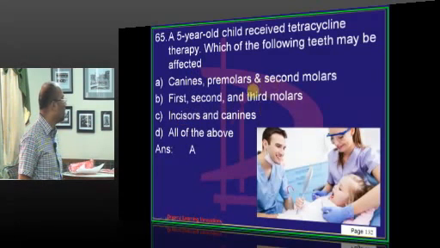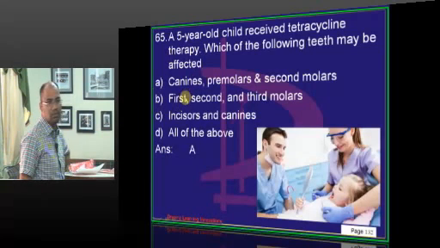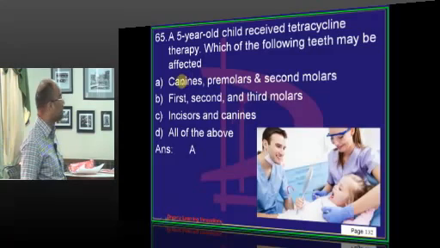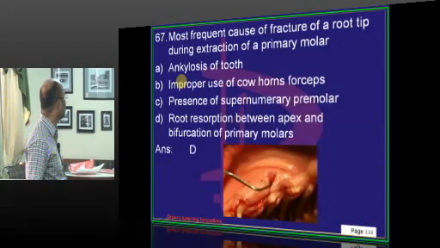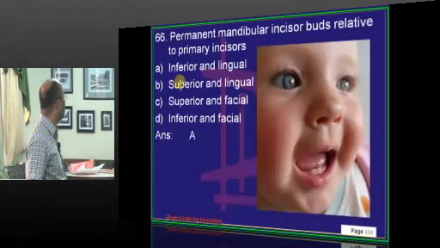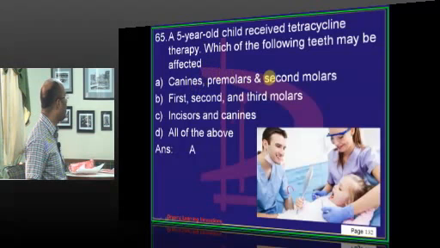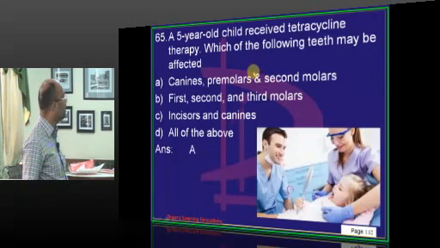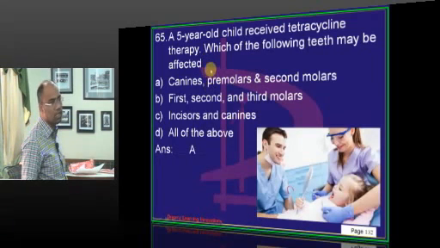First molar is already over by then, isn't it? Third molar, no way. So it is canines and premolars. These teeth all erupt between the ages of 10 to 12, isn't it? So the calcification starts at 5 to 6 years.